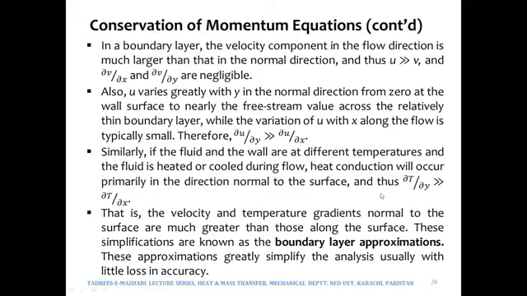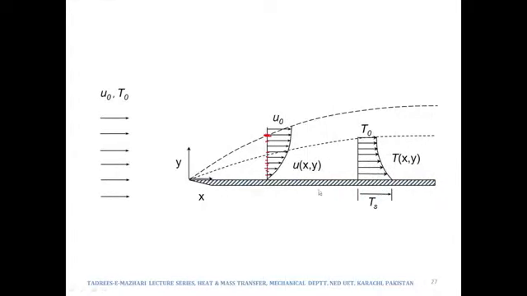We can see that the temperatures would vary in the y direction as we move away from the plate, just like the velocity was varying majorly in the y direction. So the temperature will also change majorly in the y direction as we move away from the plate. Therefore the change of temperature in the y direction would be greater than the change of temperature in the x direction.